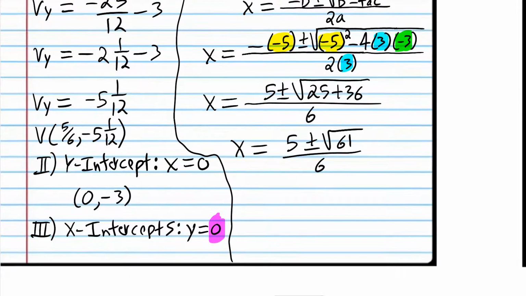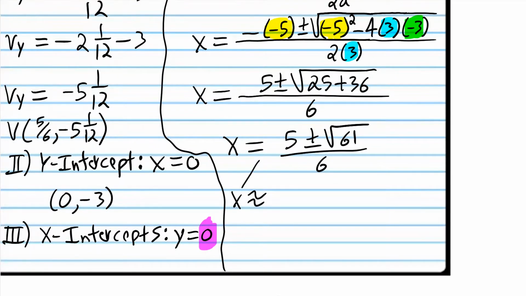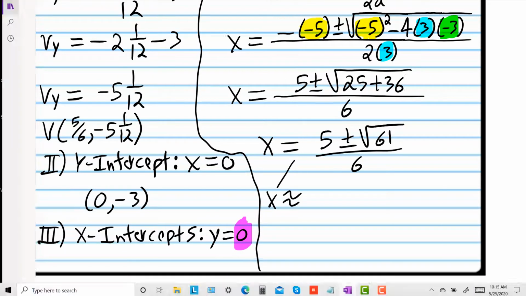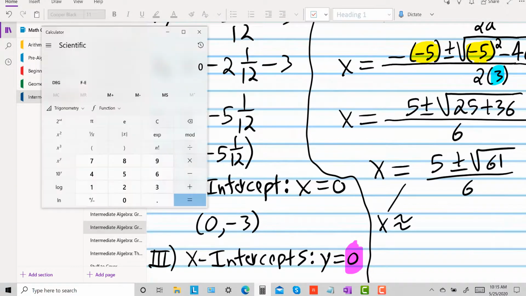Now we need some approximations, so we have a reference to know where to write the x-intercepts on the graph. So I'm going to use my computer calculator, and I'm going to enter 61, square root button, then plus 5 equals, then divided by 6 equals.